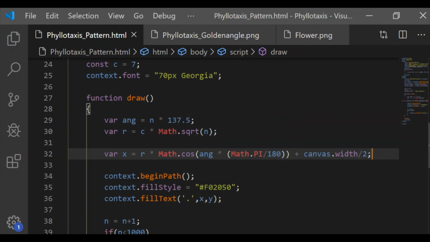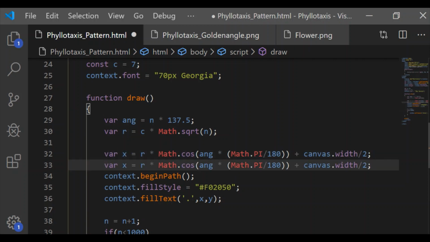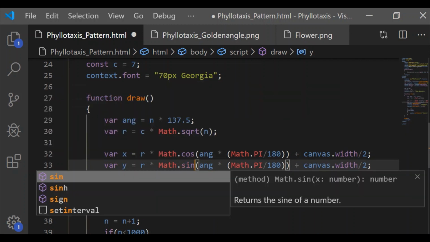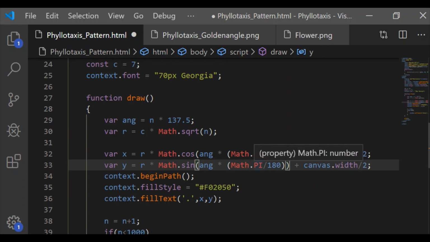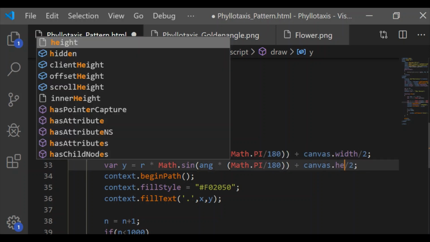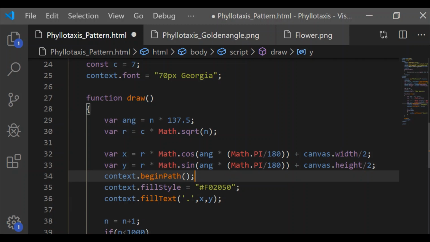So before taking cosine, let me multiply the value of angle with pi by 180 degrees. In the same way for the y coordinate, it is r times the sine theta in degrees plus canvas height by 2, so that it also starts from the center.